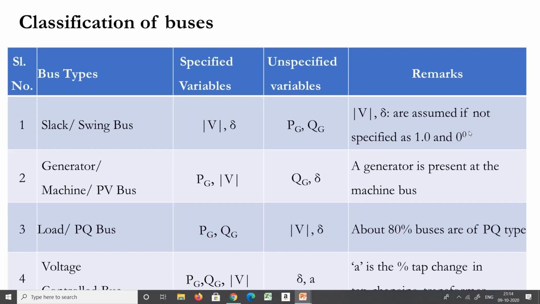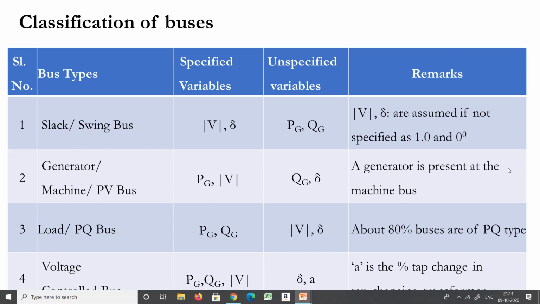So it is represented with four quantities: real power, reactive power, magnitude of voltage and phase angle of voltage, which we saw in the previous slide. Two different quantities are specified in each bus, and the remaining are to be obtained by solving the load flow equations. So these are the specified variables and these are the unspecified variables.